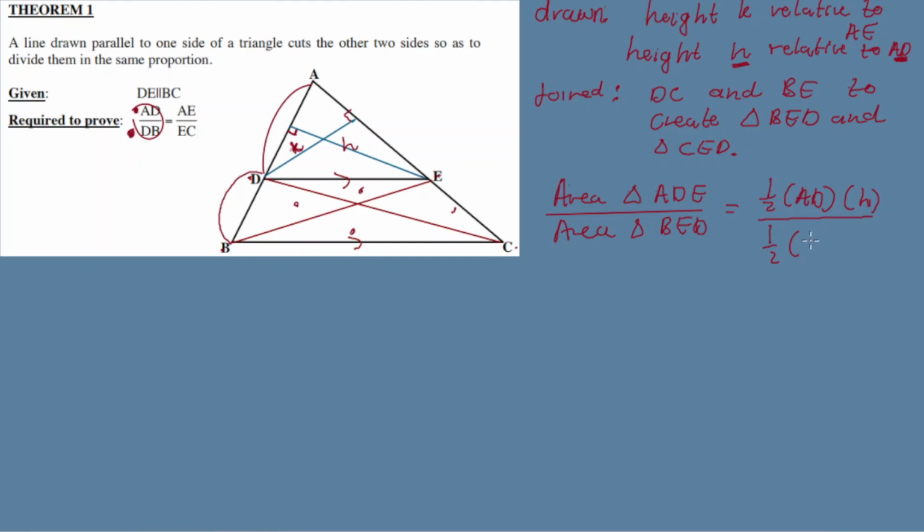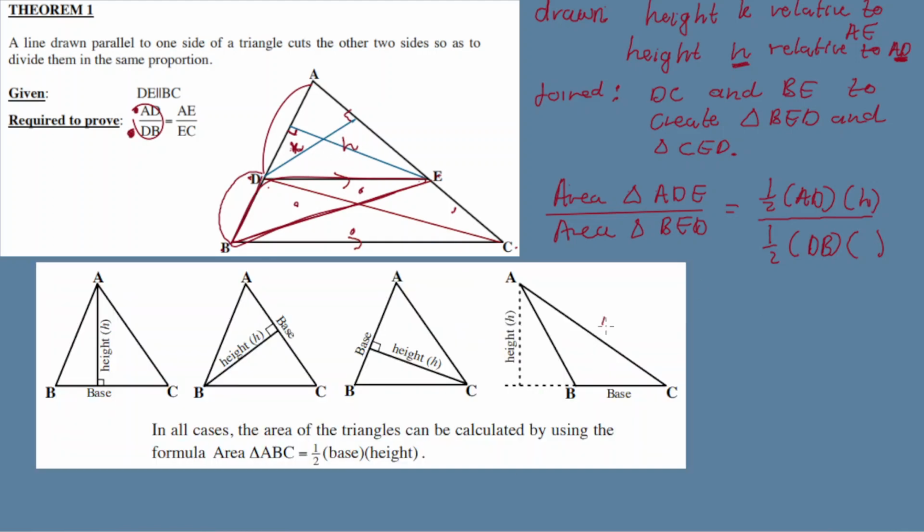So half times base BD or DB, let's use DB instead, DB times our height, which will be? It will be height. So this triangle here, what's the height for this triangle BED? Its height will be h.